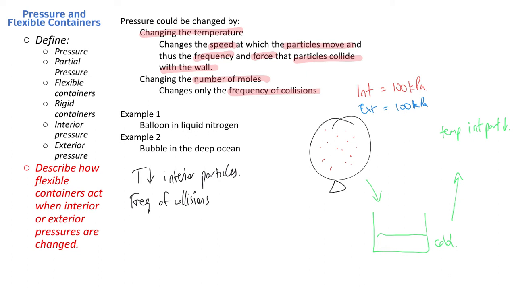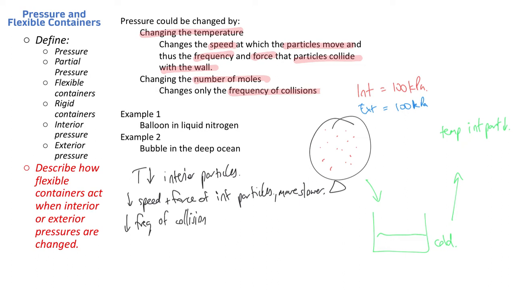Well, actually, first I should go through the idea that decreasing the temperature decreases the speed and force of interior particles because they move slower, which will decrease the frequency of collisions on the internal surface.